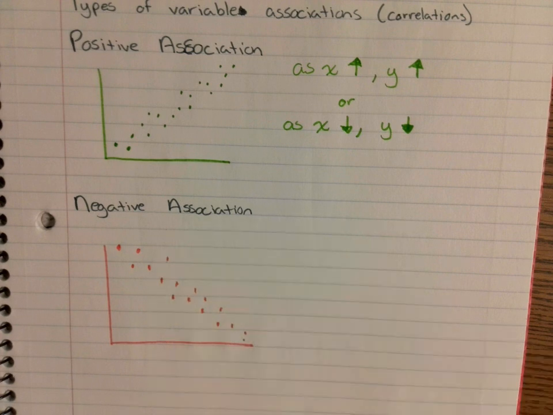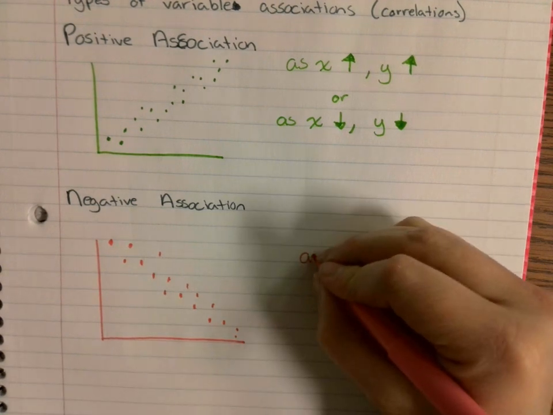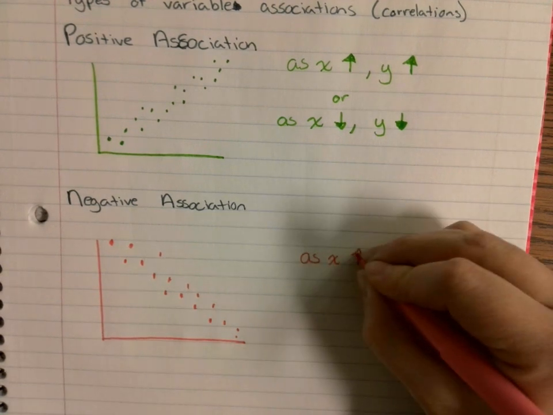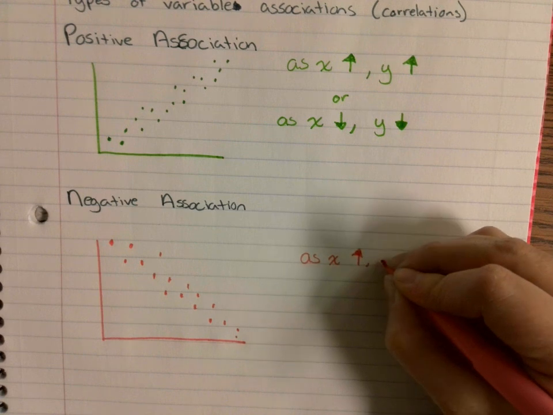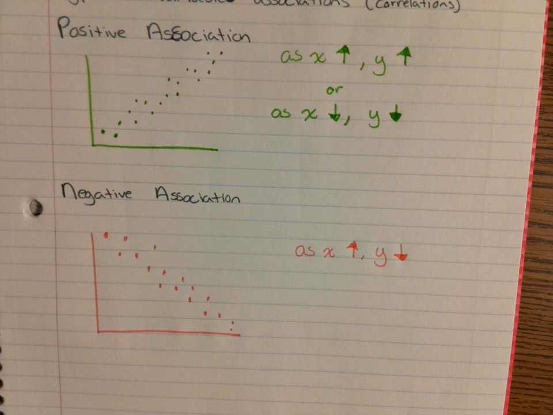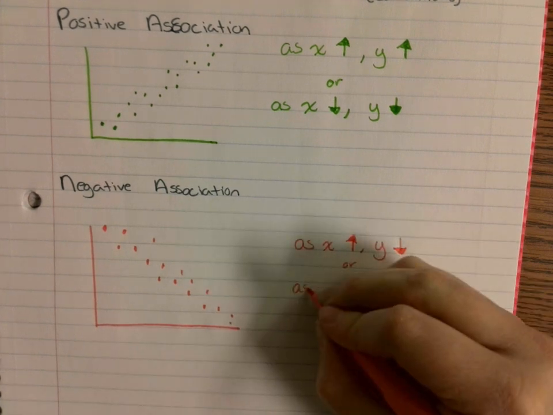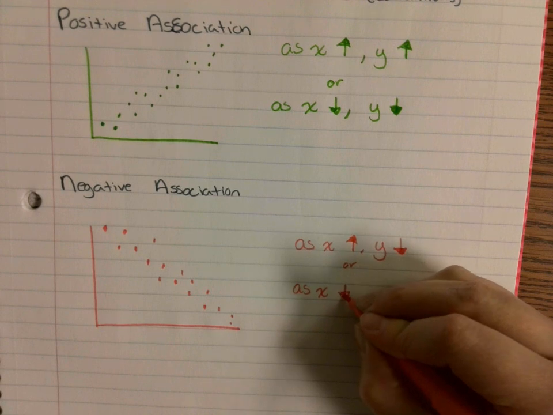Okay, this is going to be our negative association. So as x increases, it has the opposite effect on y. The y is going to decrease. Or as your x decreases, your y would increase.